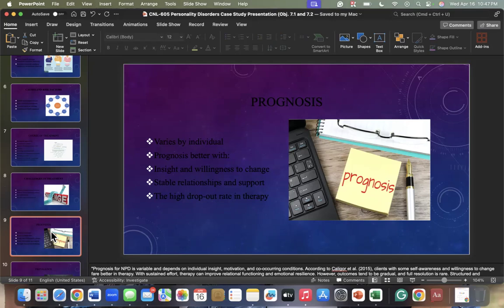The next thing is prognosis, which varies by individual. Prognosis is better with insight and willingness to change, stable relationships and support. So having that good support, like I said, if we can change the mind, we can change the behavior, and they'll be able to have that insight on who they are and be willing to make the change.